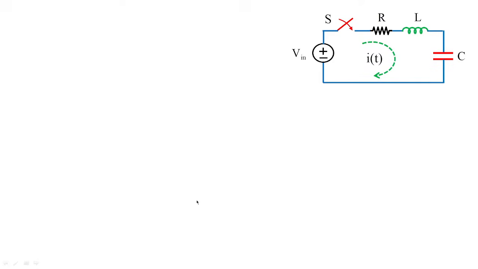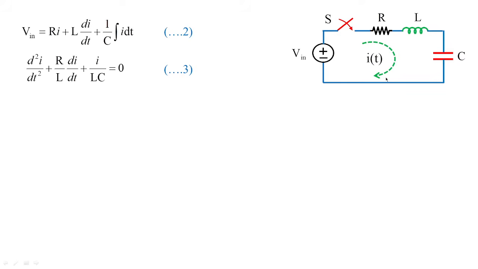Now what are the basics which we should know from our previous classes? For an RLC circuit under different system behavior, when the switch is closed, the circuit gives equation 2 by applying KVL, and we have framed the second order differential equation. With this we have formed an auxiliary equation.